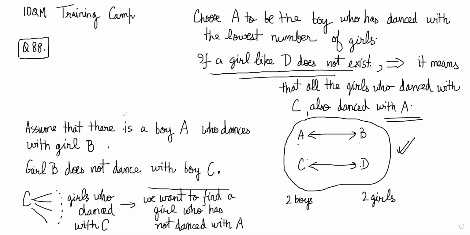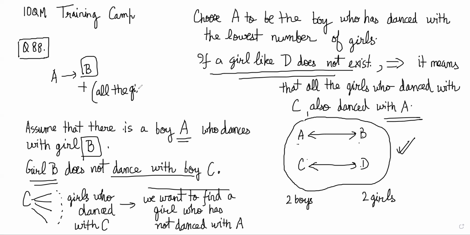But we have also assumed that A dances with girl B and girl B does not dance with boy C, right? So therefore, the number of girls that A has danced with is going to be B plus all the girls that C dances with.